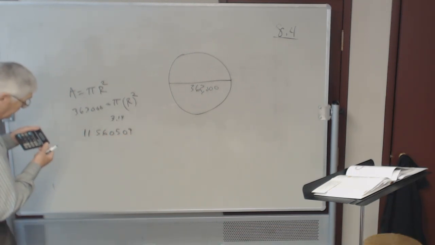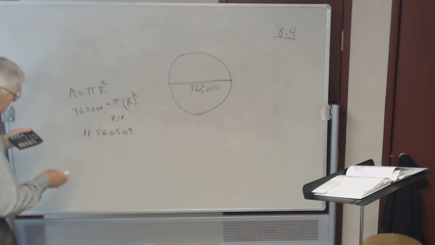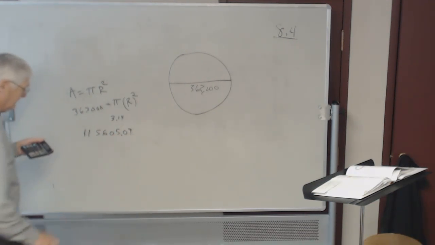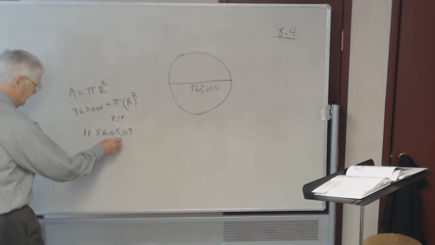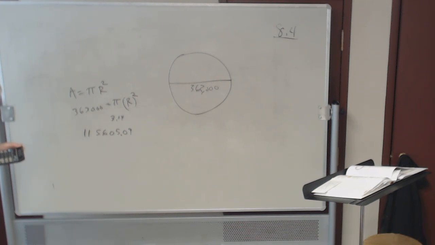Where's my decimal point? It looks like it's right there. Is that what you got? My calculator doesn't show decimal points very well. You'd think they'd do better than that, being it's an AARP calculator. Yeah, that's the right place. Okay.